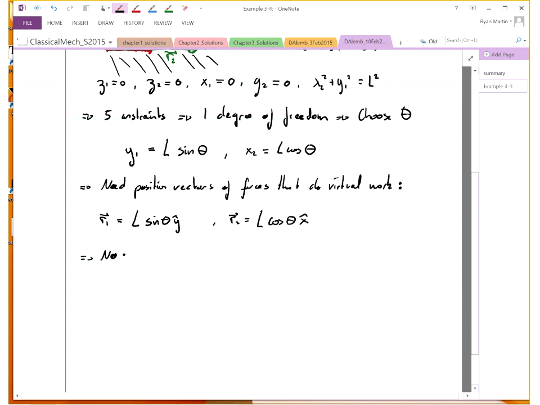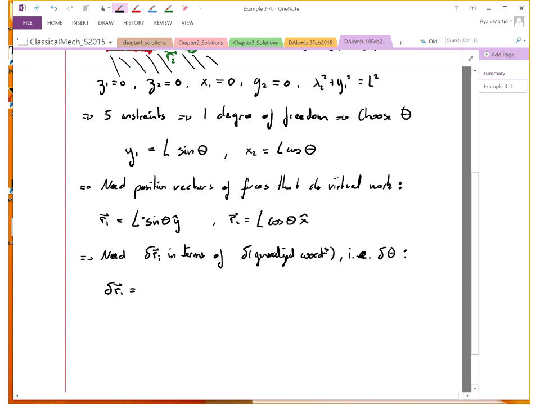So what we need now, we need the virtual displacements of those vectors. So we need the delta Ri vectors in terms of delta of our generalized coordinate. In this case, delta theta. So delta R1, I take the variation of R1 with respect to theta.